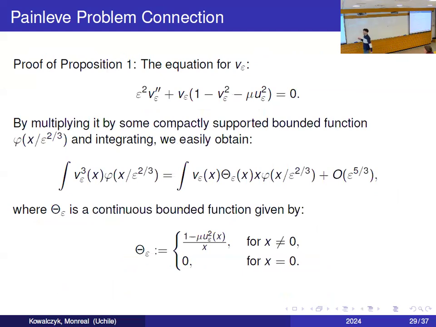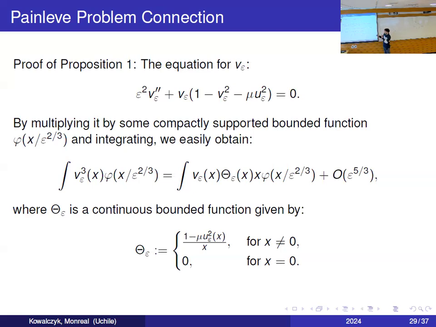So we consider the equation for V. We multiply by a compactly supported bounded function like this and integrate. Using all we had before, we can use integration by parts and Cauchy-Schwarz to see that this term that has the second derivative of V can be bounded by big O of epsilon to the power of 5/3.